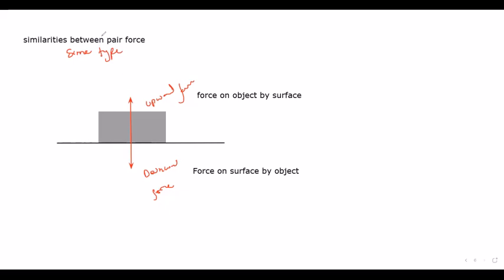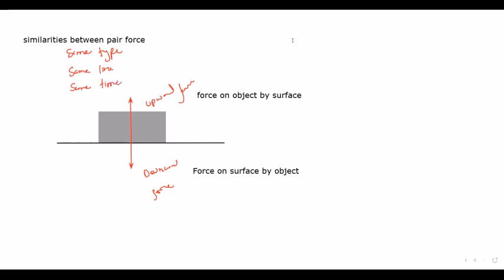If one is electromagnetic, the other will also be electromagnetic. If one is strong nuclear, the other will also be strong nuclear. They are acting on the same line of action, and they are acting at the same time as well.